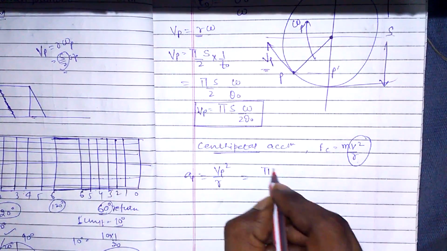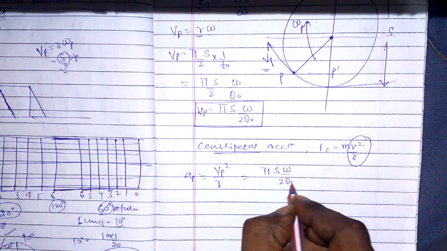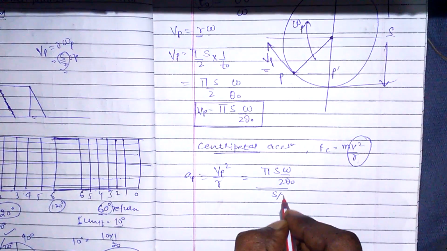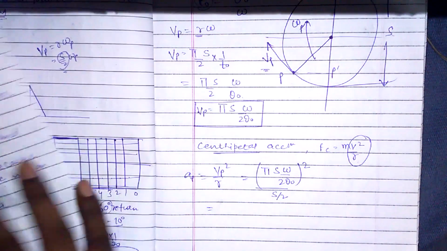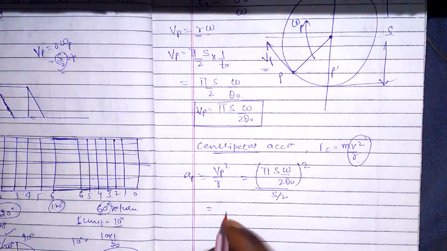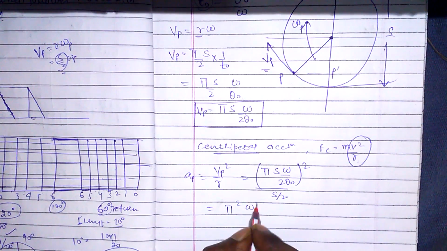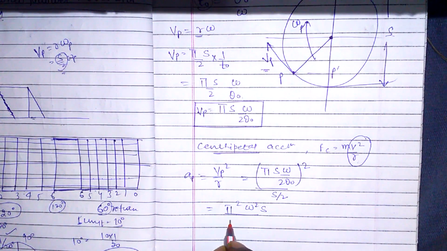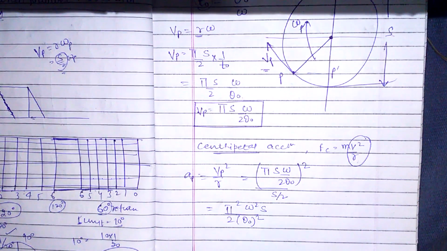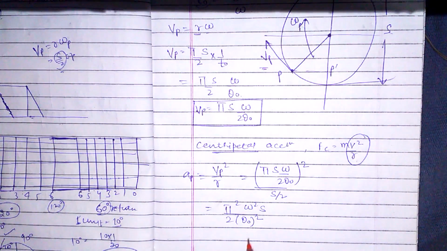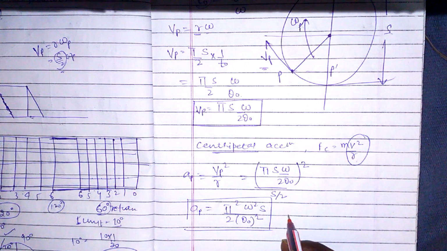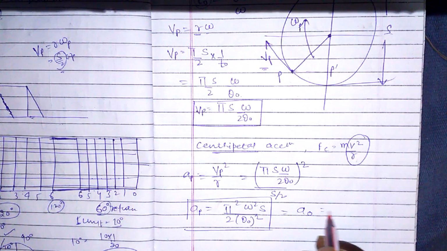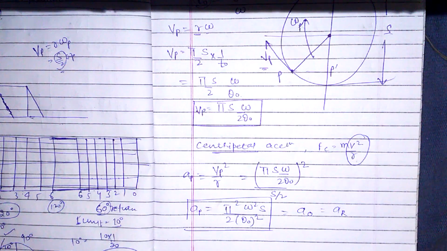Okay, so pi s omega upon 2 theta naught divided by s by 2, squaring this, and we will obtain what? Okay, we will obtain this for the peripheral acceleration, and this would be for the outstroke, and this will be the same for the return stroke.